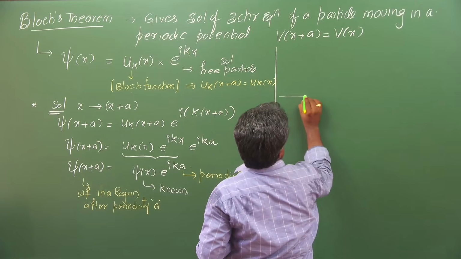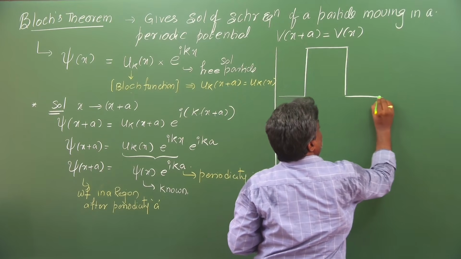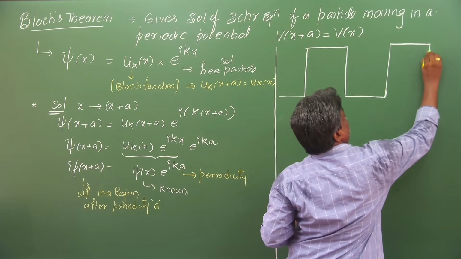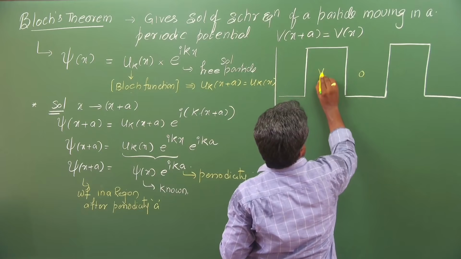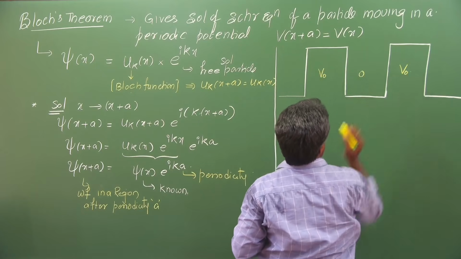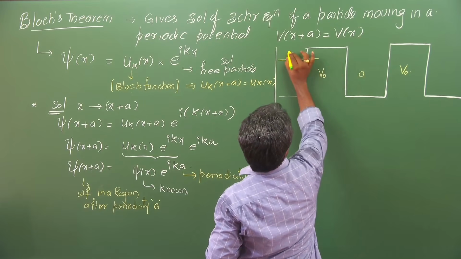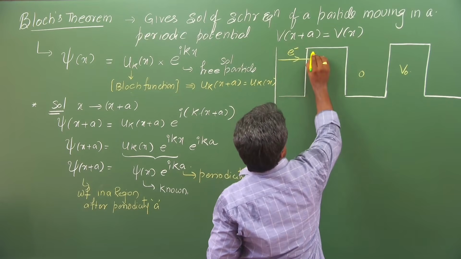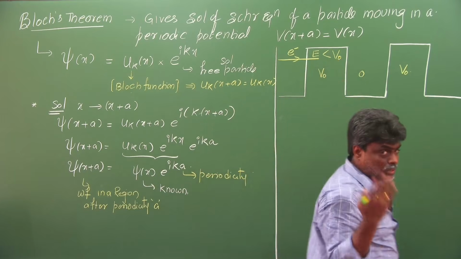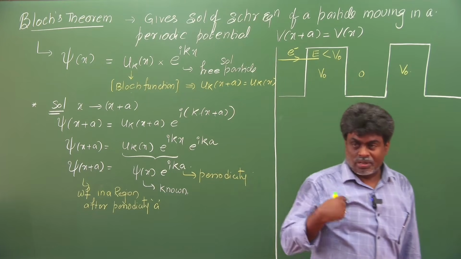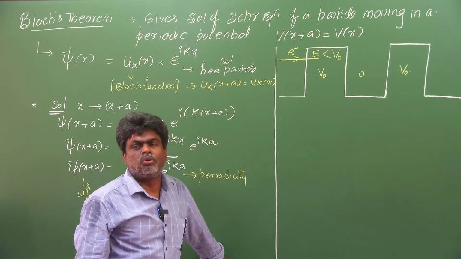It's very clear. We have a potential barrier and potential well, again barrier, potential well, like this. This is 0, this is V naught, this is V naught. Now we are studying our electron moving. Definitely its energy is less than the barrier potential because the nuclear potential is very high. So whatever kinetic energy the electron is moving with, it is definitely less. How do you know, sir?